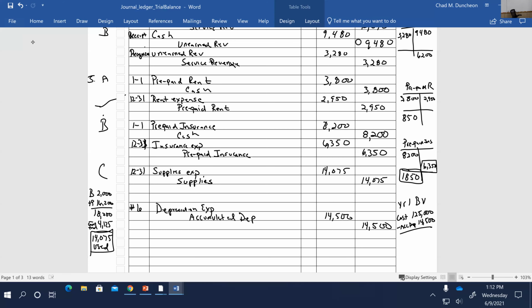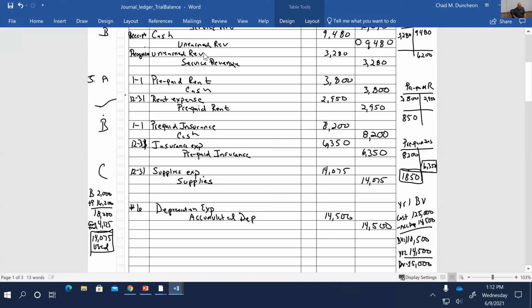Which means our book value then is 110,500. For year two, we would take out another 14,500 here. And you can see that our book value then becomes 95,000. We just keep taking the accumulated depreciation away from that.